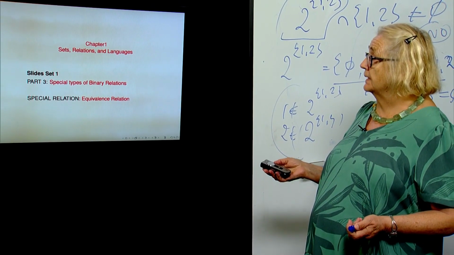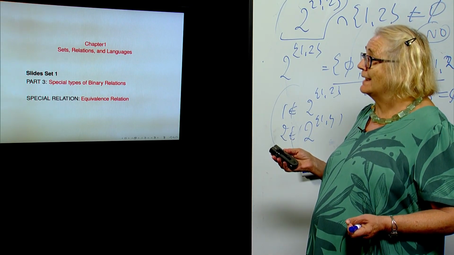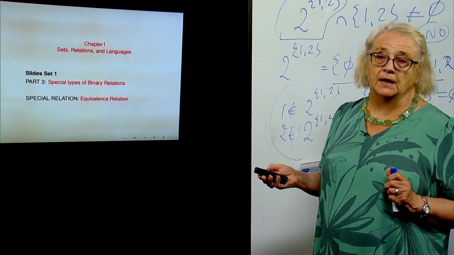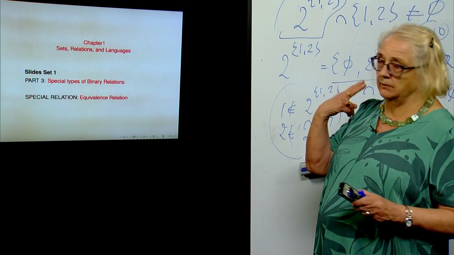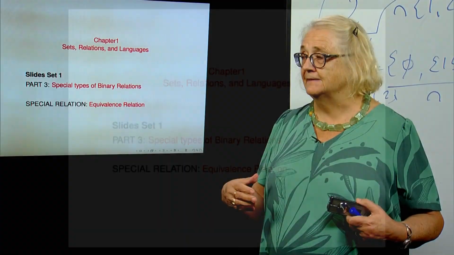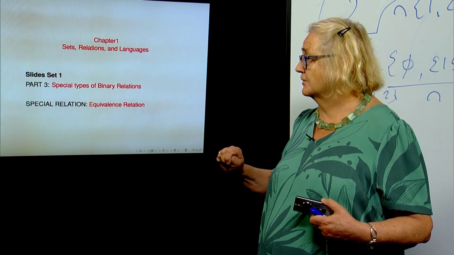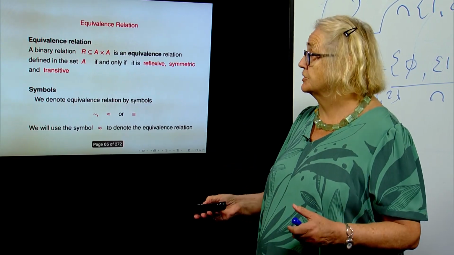Next part is special types of binary relations. Really, we have two to consider for that subject, and basically they are the most important binary relations in mathematics: equivalence relation and order relation.